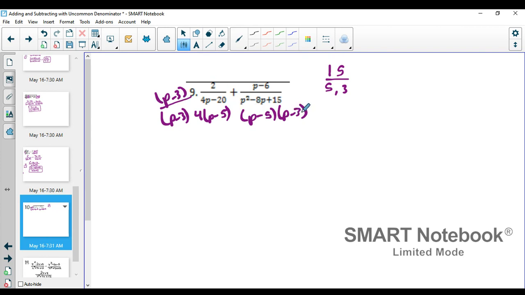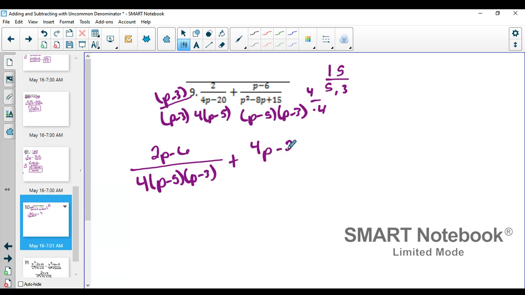And this one is missing the 4. So we're multiplying this by 4 over 4. So 2, if you distribute it in there, is 2p minus 6 over 4 times p minus 5 and p minus 3, plus, and then distribute the 4 into here, 4p minus 24 over 4 times p minus 5 and p minus 3.